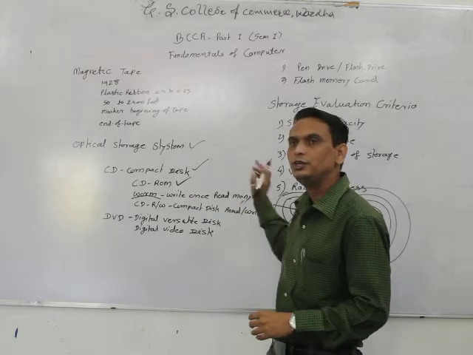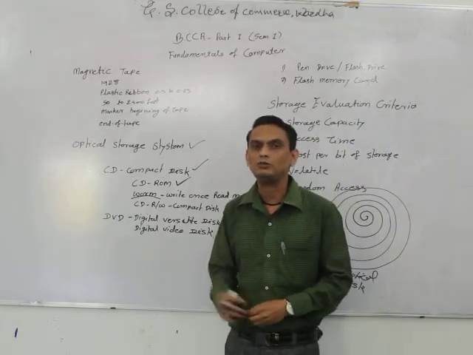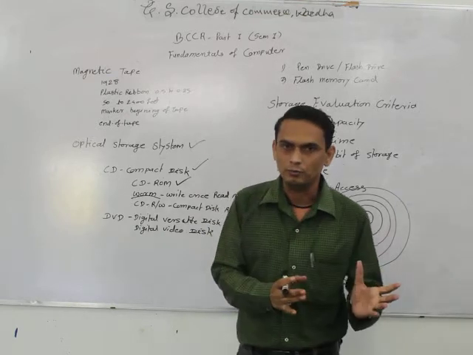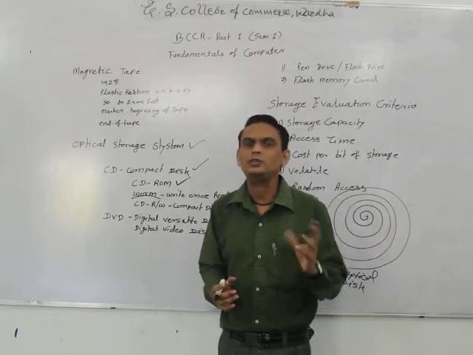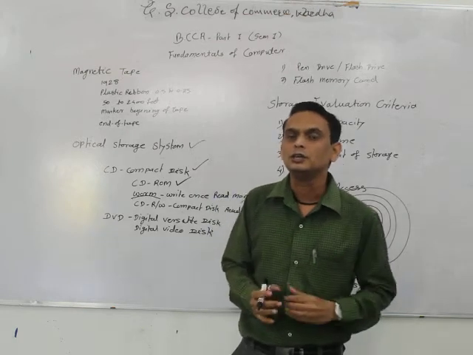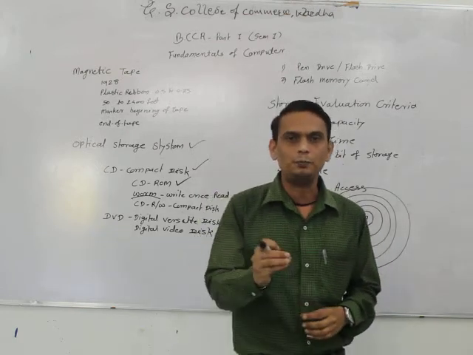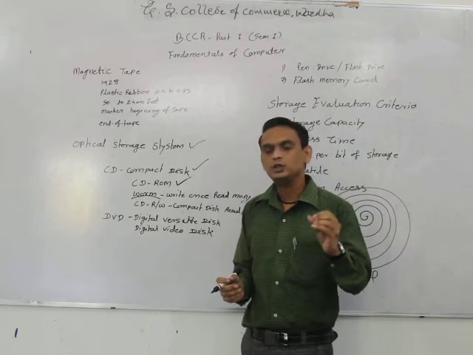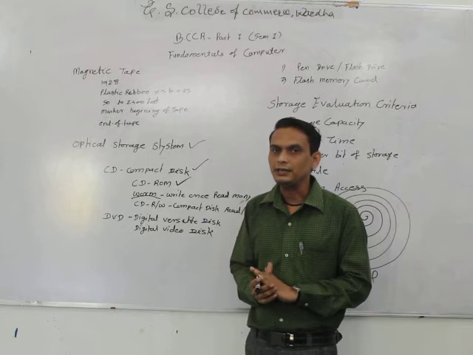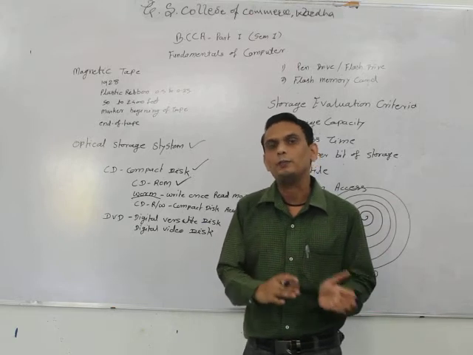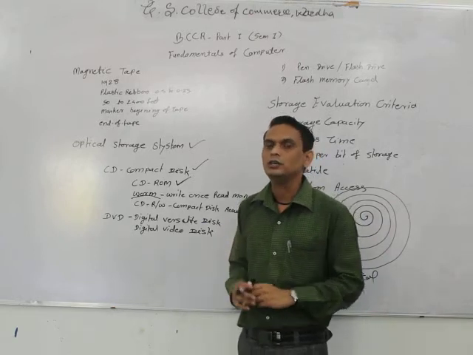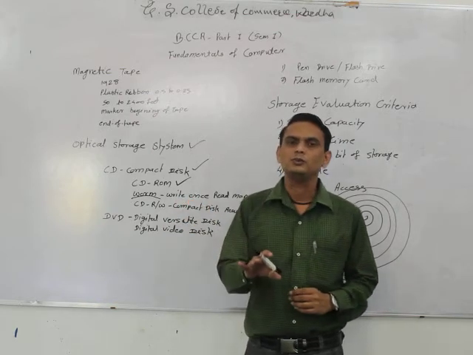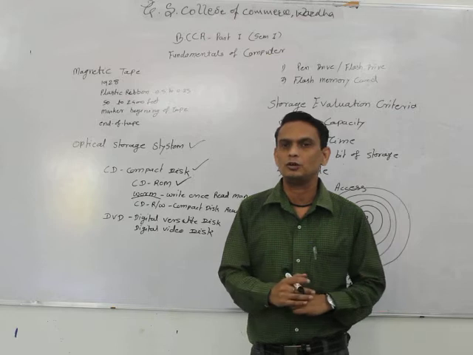Second one is WORM, write once, read many. In the market, we have this type of compact disc. When we write or burn a CD, the data will be mounted bit by bit on the disk. That data cannot be erased by the user once we write on it. Once written, we cannot make changes or modify it.